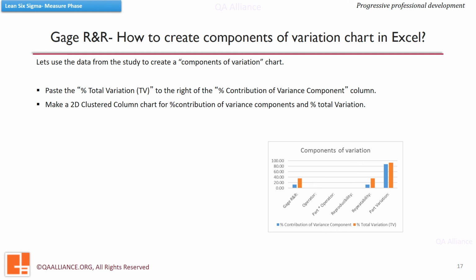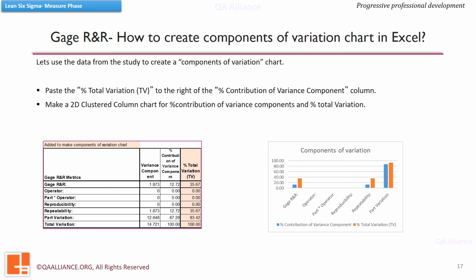The same can be represented in the form of a clustered column bar in MS Excel. Like in this example here, we have manually created this chart using the table on gauge R&R metrics. Another column is added for percent total variation, and the same is calculated by dividing each variance component by total variation, and multiplying the result by 100.